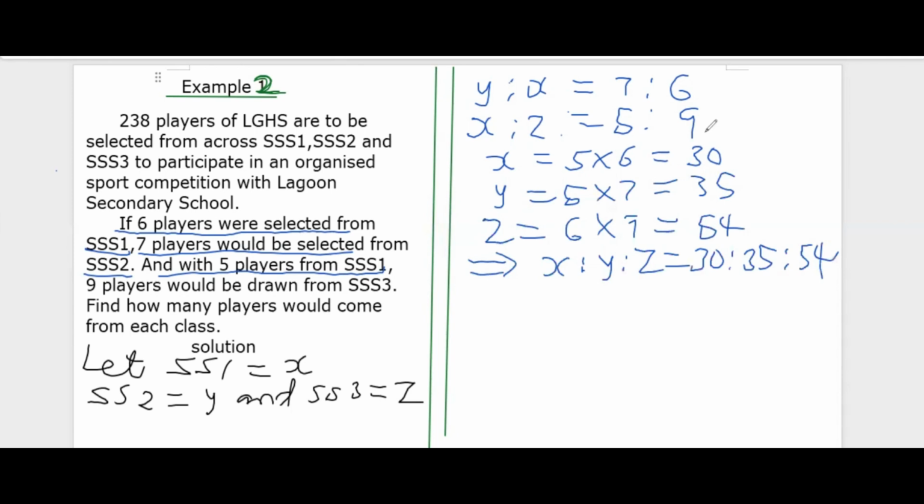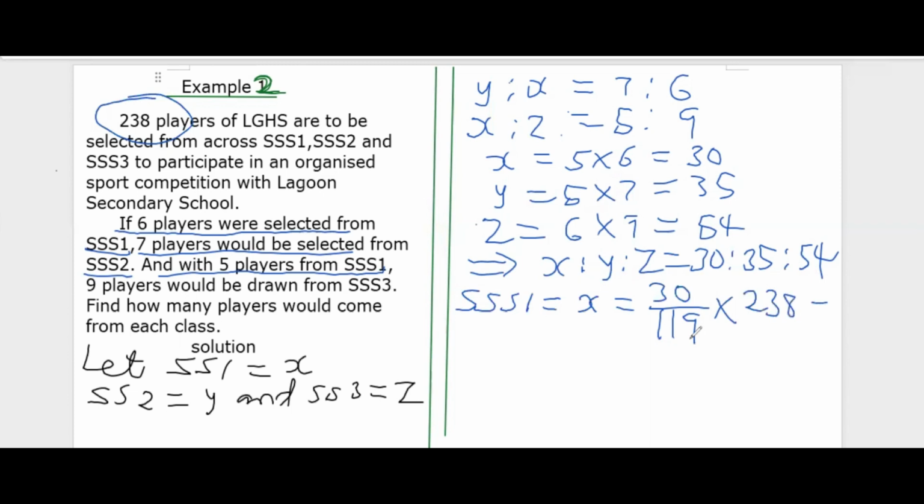And from here, if you are now asked to find the share of each, the players that will come from SS1, which is represented by X, will be 30 over the total ratio. The total ratio is 30 plus 35 plus 54, which is 119, multiplied by 238, since we have 238 players altogether to choose from.